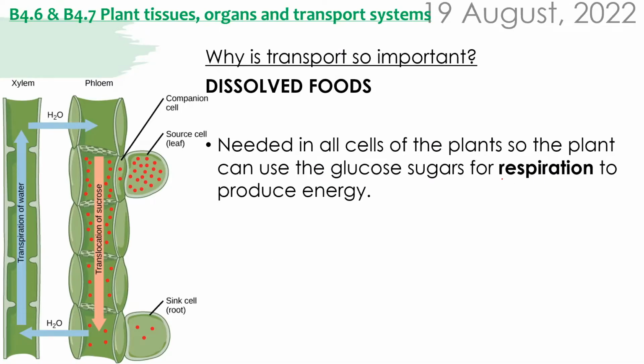You also need dissolved food, so that'll be the glucose. It's needed in all cells of the plant, so the plant can use the glucose sugars for respiration. We don't think about plants respiring, but plants make their own food. Go through this again, make sure: plants make glucose by photosynthesis.